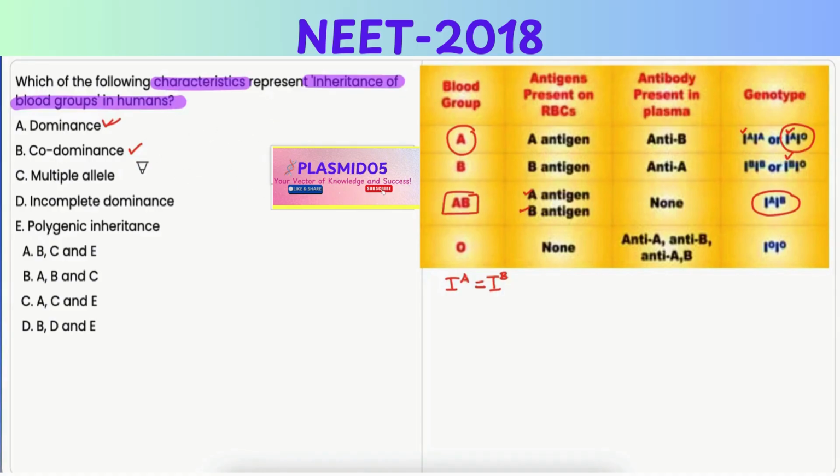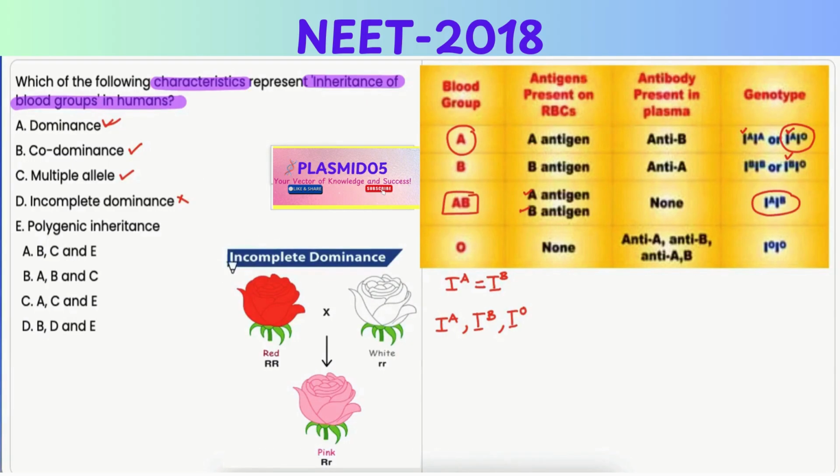C, multiple alleles. This is also correct because the ABO blood group system is controlled by alleles IA, IB and IO at a single gene locus. Thus, this is an example of multiple allelism because more than two alleles exist in the population for a particular trait. D, incomplete dominance. Now, this is incorrect because incomplete dominance or blending of inheritance refers to a situation where the heterozygous phenotype is an intermediate of the two homozygous phenotypes.